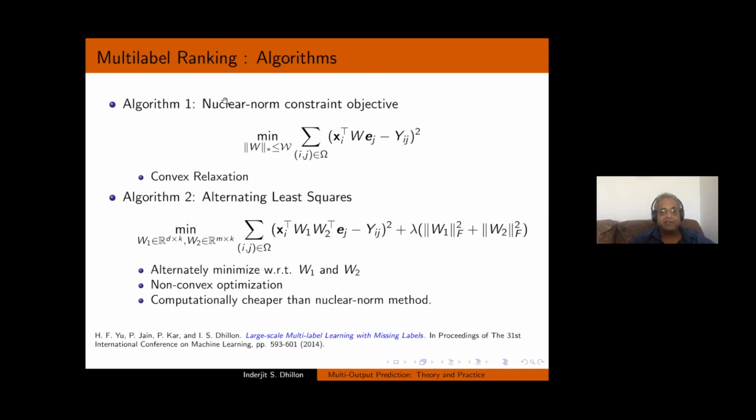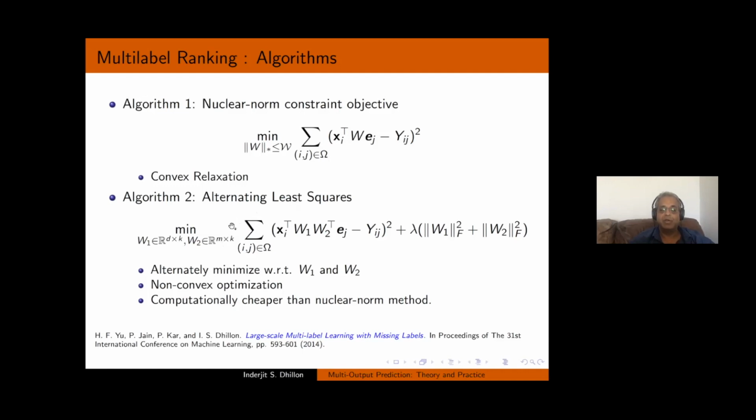So this algorithm 1 uses convex relaxation. Algorithm 2, I can explicitly factor W into its low rank components, W1, W2 transpose, each of which is rank K, okay? So I'm assuming here that Xi, the training data or the inputs, are d-dimensional, and then I have rank K and I have M outputs.